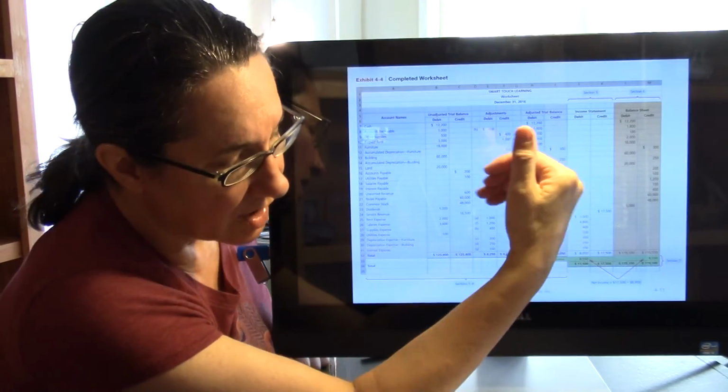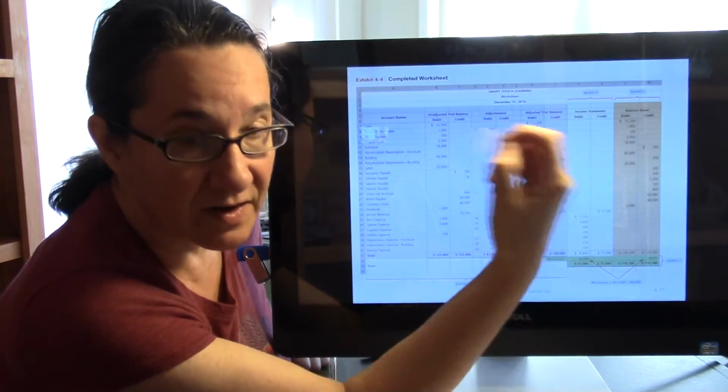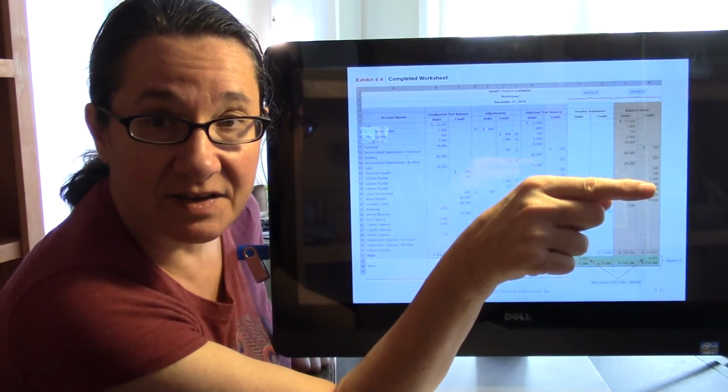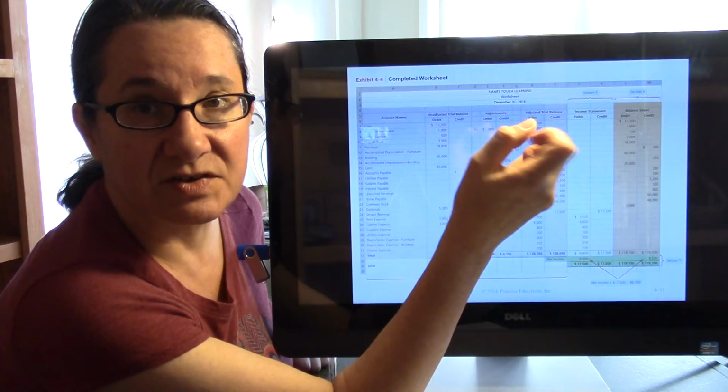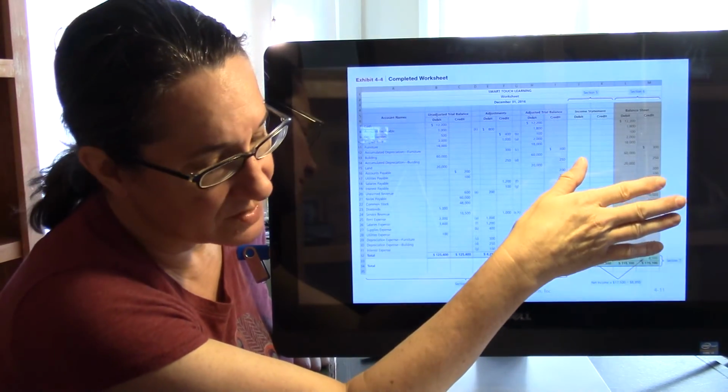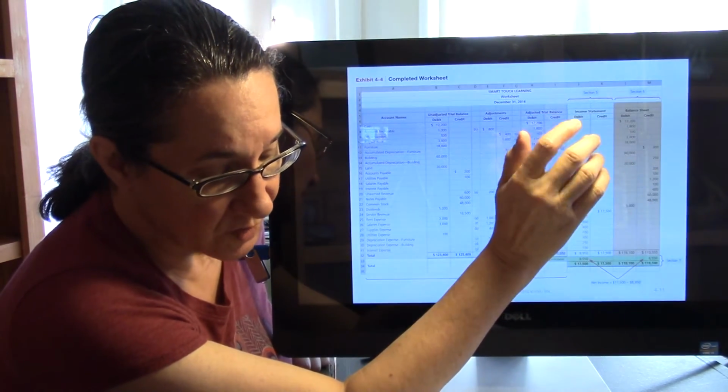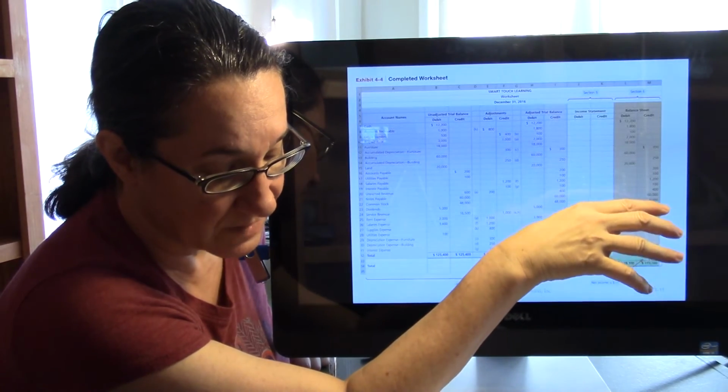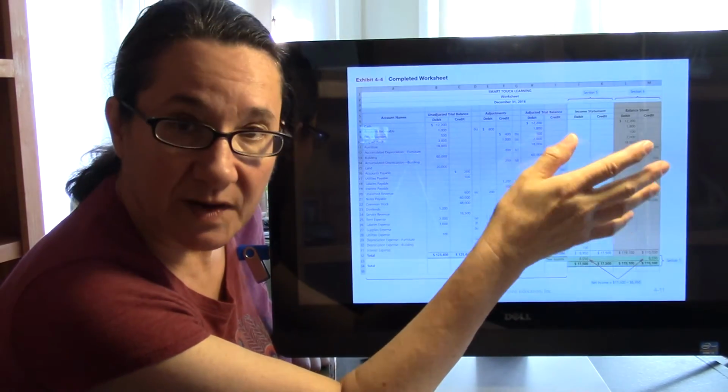So we move all your assets, all your liabilities, all your equities, plus dividends, because dividends are essentially an equity account. You move them over to the balance sheet column. So the difference between them, right, is going to be net income.